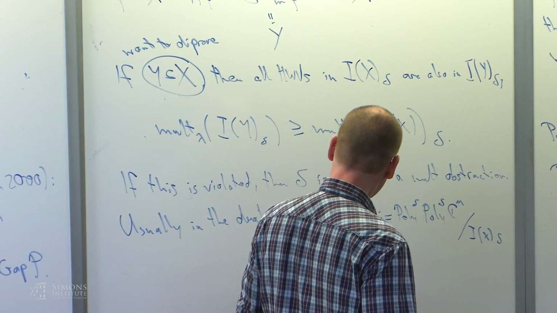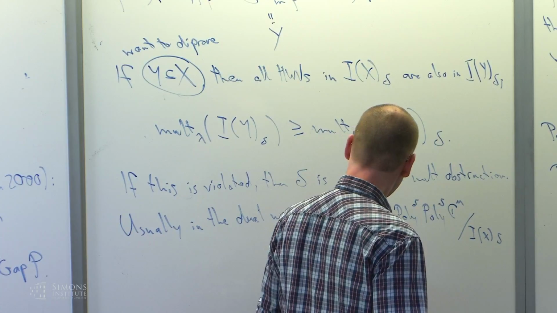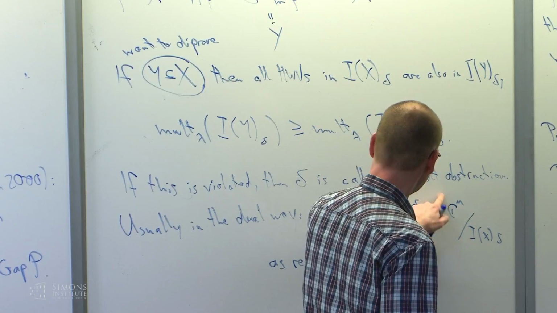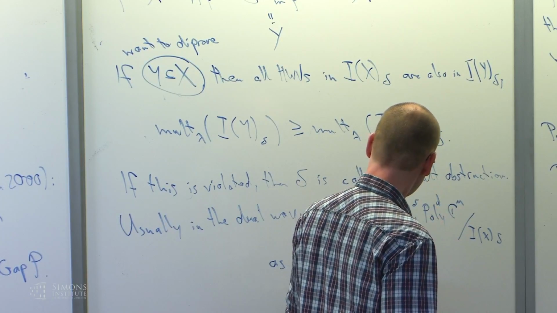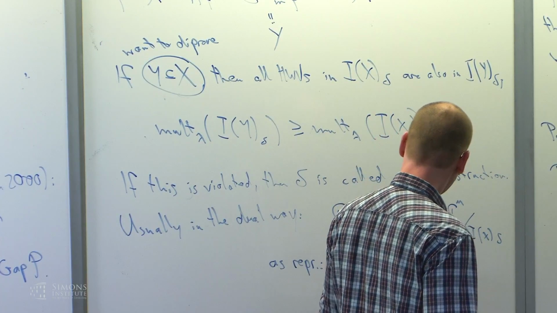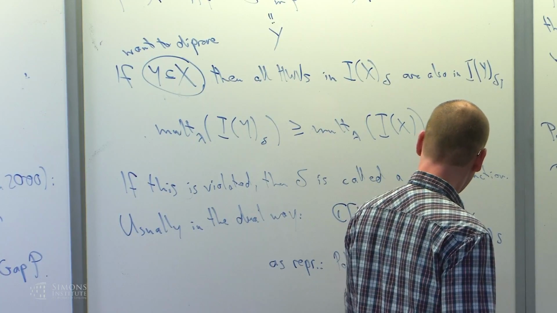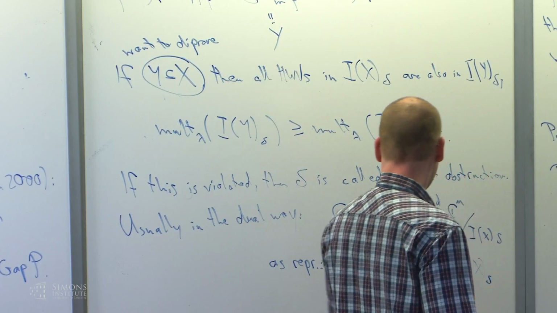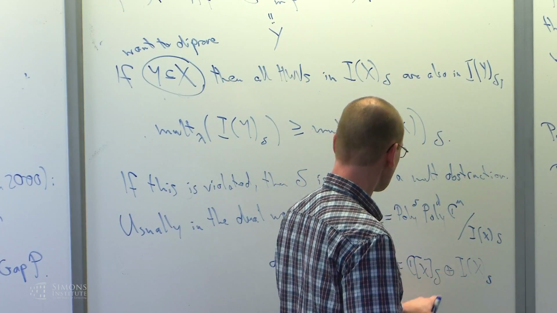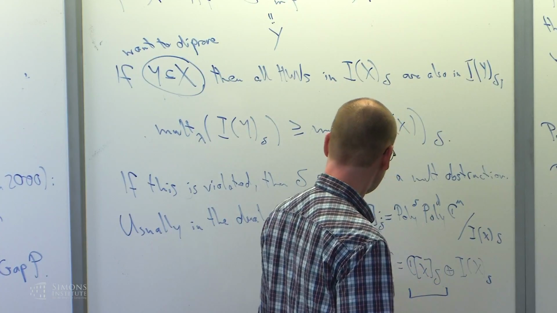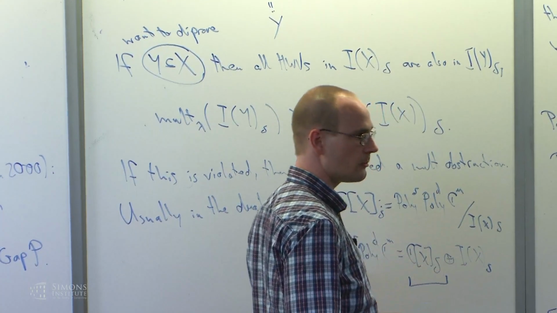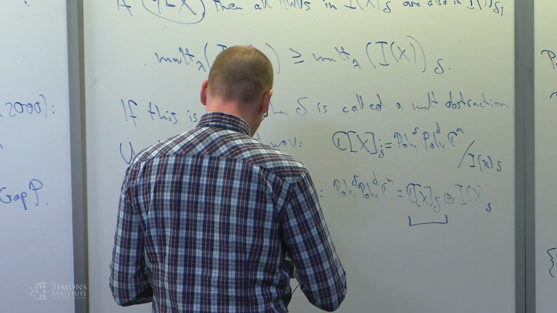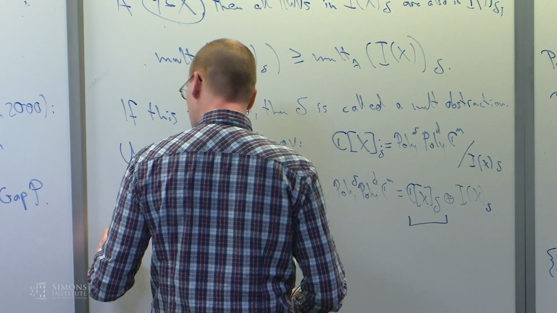As representations, poly d C to the m is a sum: one is the coordinate ring and one is the vanishing ideal. So now you can also look at the multiplicities here, because you know them here, maybe you know them there, then you know them here because they add up. Therefore a multiplicity obstruction is usually written in this way.